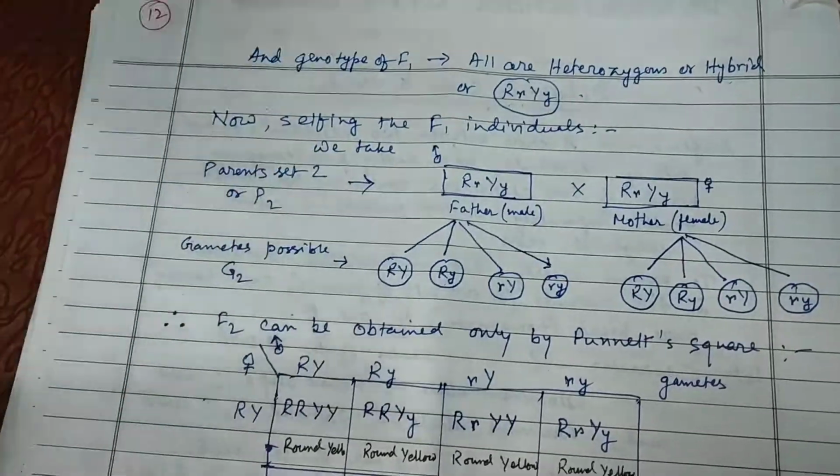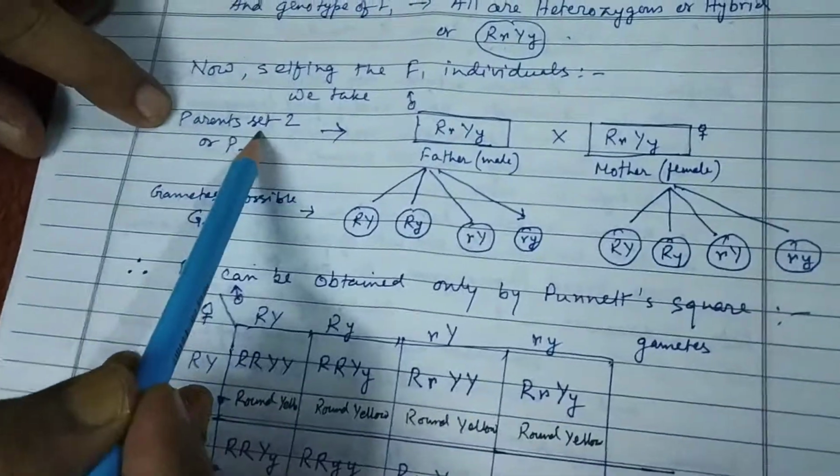Parents, remember, will always be taken from F1 individuals. So we can call it selfing. When F1 individuals are taken, male and female parent both will have the same hybrid genotype. Let us focus on this. Parent set 2.